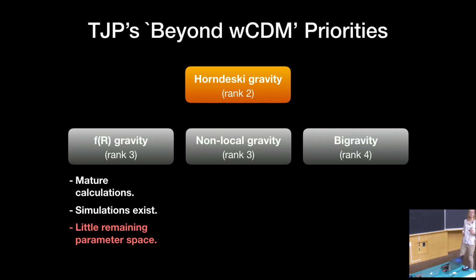Non-local gravity is a much newer idea with some very cool motivations. So what does non-local mean? Non-local means that there are terms in your gravitational action which look like 1 over box, i.e. 1 over derivatives acting on some geometrical object.